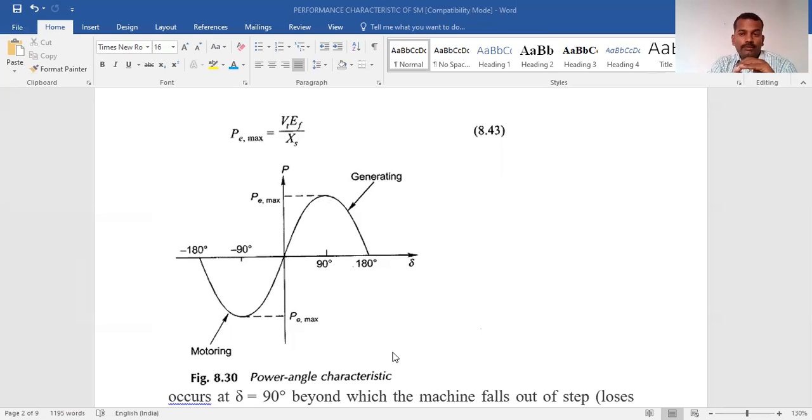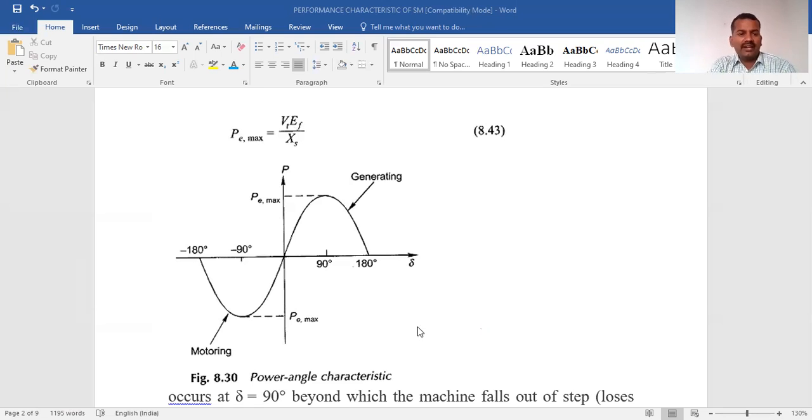It depends upon the power angle whether a synchronous machine will work as a generator or a motor. Be careful and note it down. If you change the power angle or torque angle delta from positive to negative, then the mode of the synchronous machine will change.